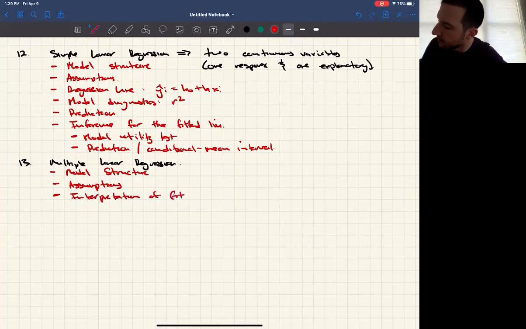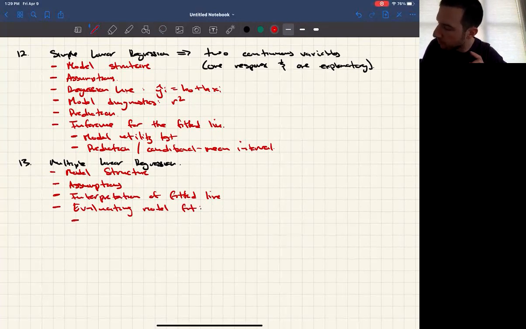of the fitted line. Okay, we talked about evaluating model fit, right?